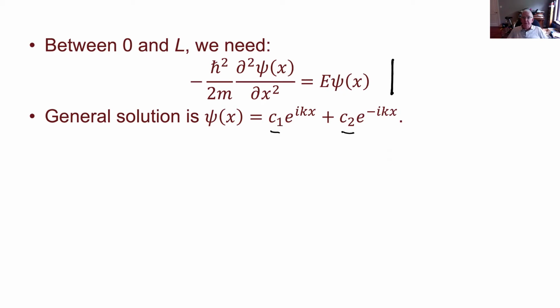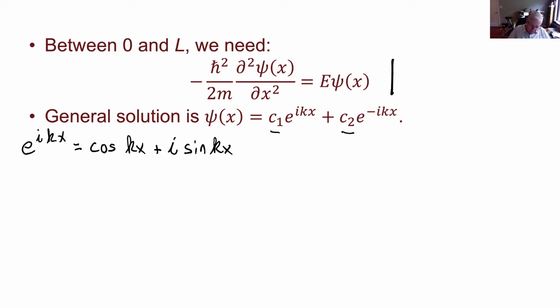In order to turn this into something that is recognizably wave-like and useful, what we want to do is get it out of exponential form and into trigonometric form. To do that, we're going to use Euler's formula, which says that e to the ikx, I can write that as cosine kx plus i sine kx, right?